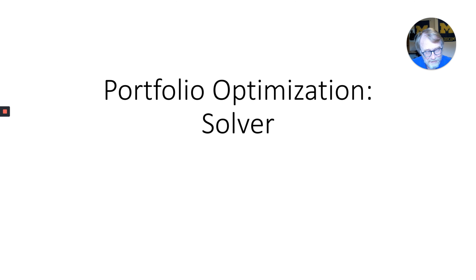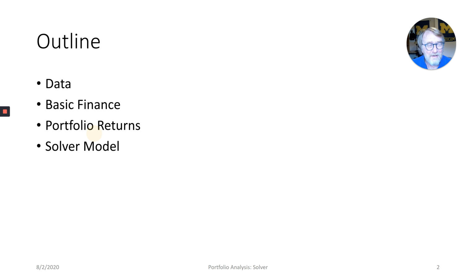Okay, so just to go through the outline, we'll talk about data first. I'm a statistician. I love data. And this application is great because it combines data with financial theory, with optimization, with information technology, all the elements of fintech.